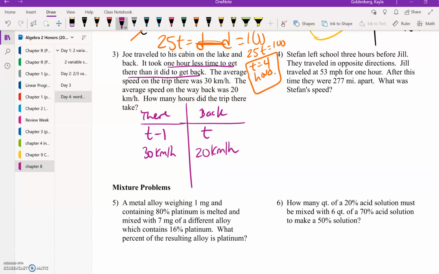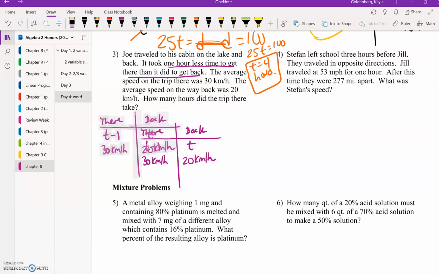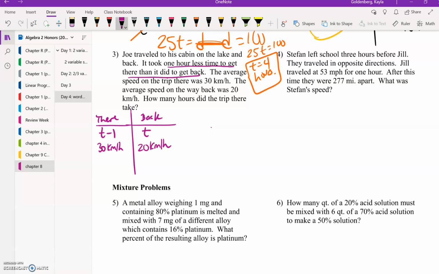Okay, so this one's a little bit trickier because of how you have to write the time in relation to the other time. I would say that's kind of the hardest part about how to set this part up. This one's also really similar to the first one we did, where you have to assume the distance is the same, you can use that to help you.